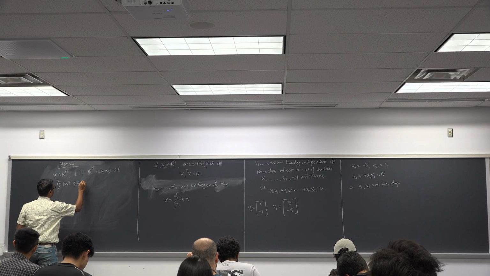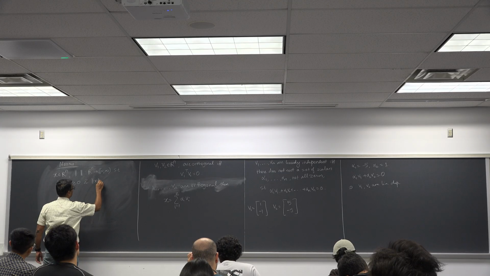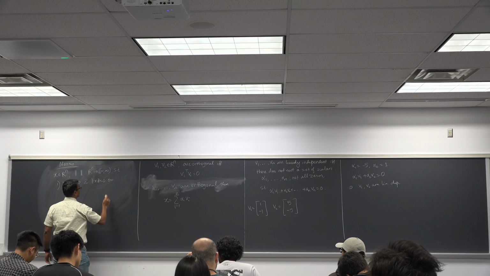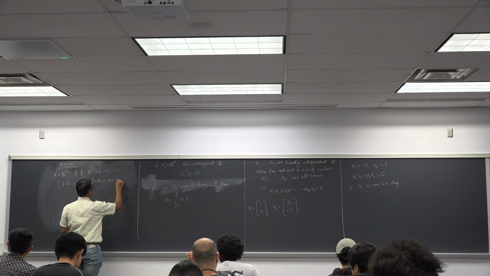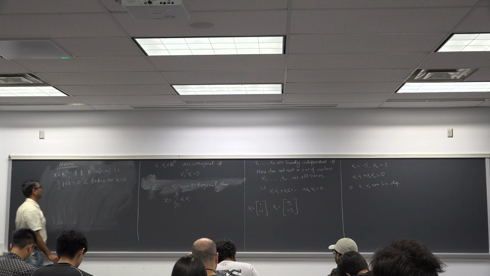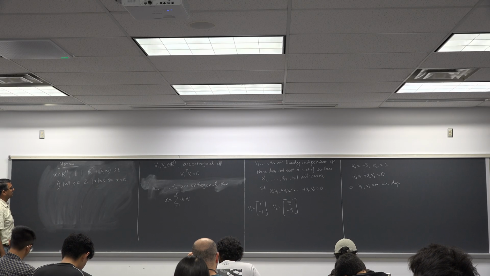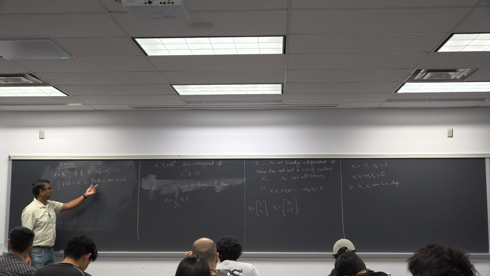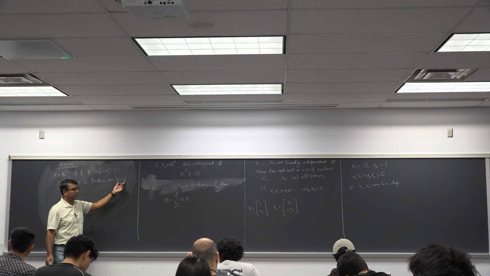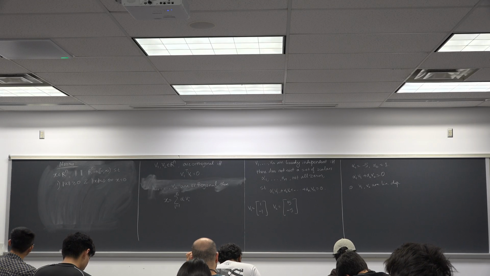The norm of x is greater than or equal to 0, and the norm of x is equal to 0 if and only if x is equal to 0. This is known as the positive definiteness condition. So the norm of x is always non-negative, and if it is equal to 0, then it must be the case that the vector x itself is equal to 0.